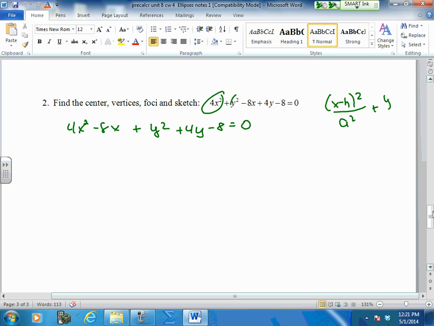It doesn't matter which one we use here. And it was equal to 1. That means our constant, remember that didn't have an x or a y, goes on the other side. So let's add 8 to the other side. And let's make this so that we can factor this and make it a perfect square.